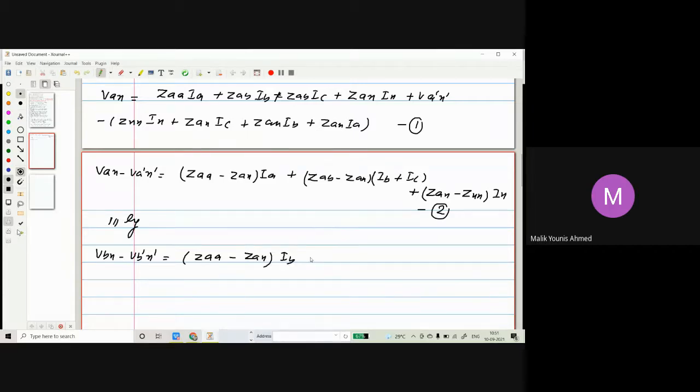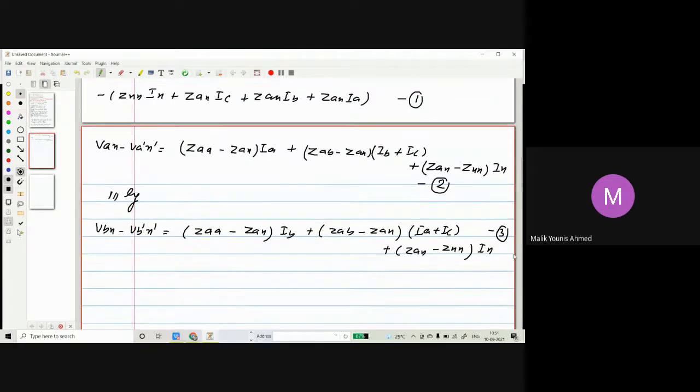Then it will be ZAB minus ZAN IA plus IC, and then finally we can write plus, looking at the above equation, similarly ZAN minus ZNN into IN. So let's call it equation number 3rd.